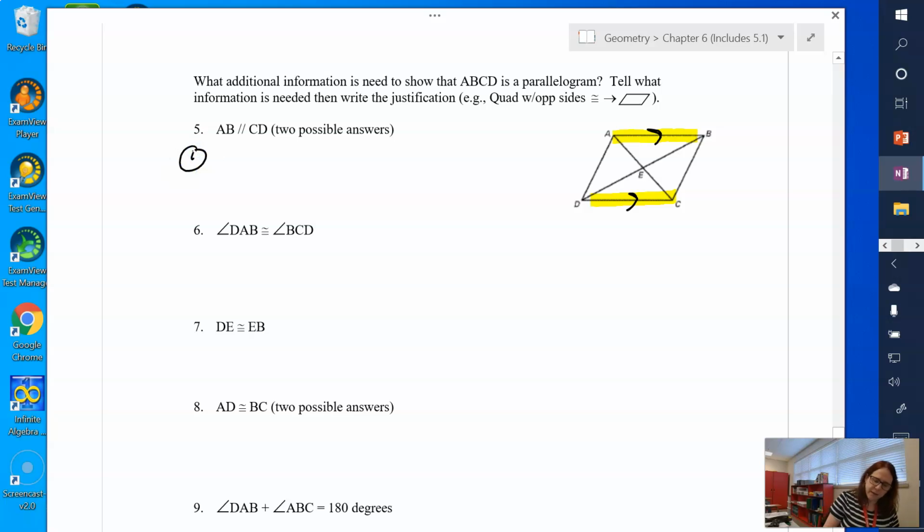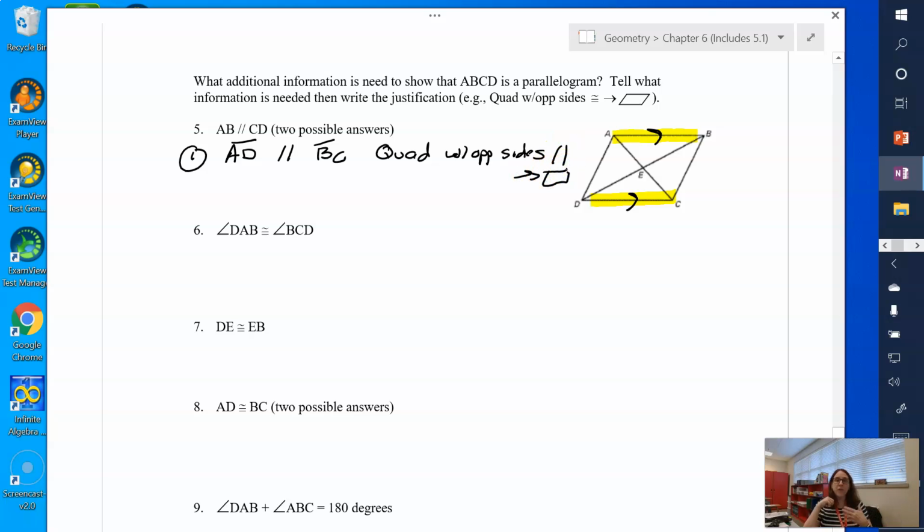I could add in that AD is parallel to BC. That would then give me the opposite sides parallel. And so I'm just going to say quad with opposite sides parallel implies parallelogram. That's your first possible answer.